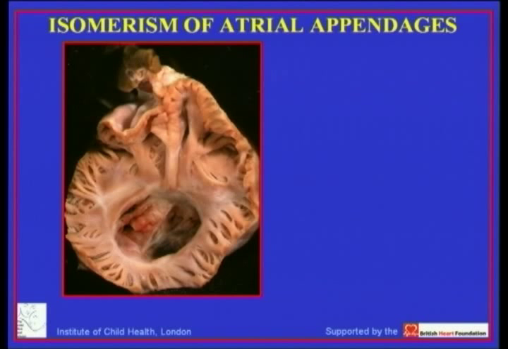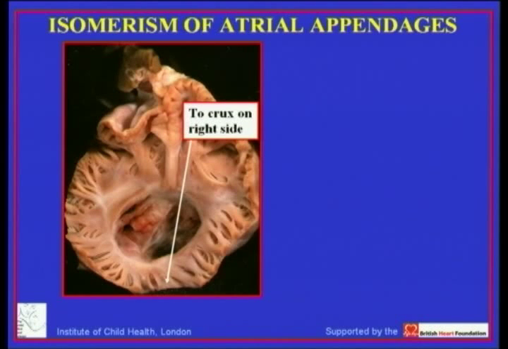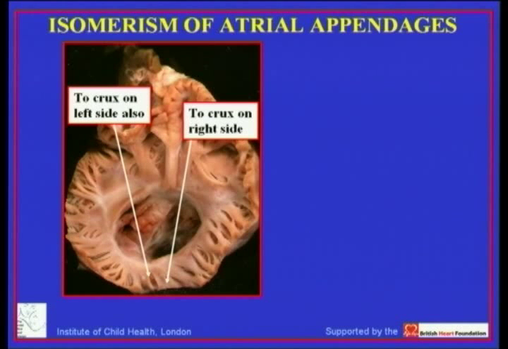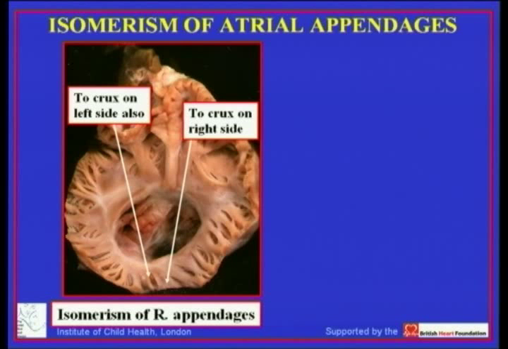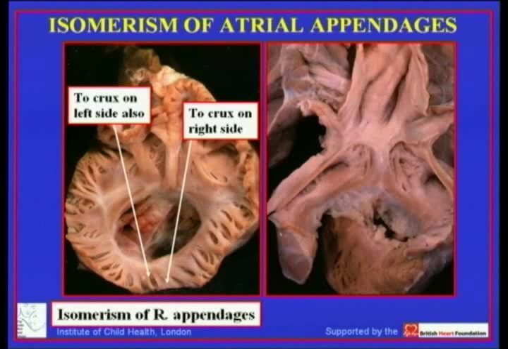And when you look at situations like this with a common atrioventricular junction, there can be no question that the pectinate muscles extend round this junction on both sides, and I would defy anybody to tell me that this is other than isomerism of the morphologically right atrial appendages.